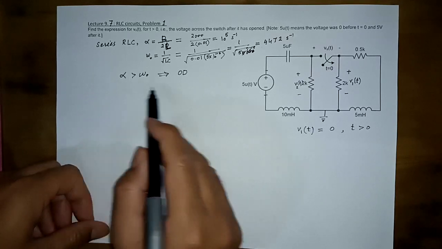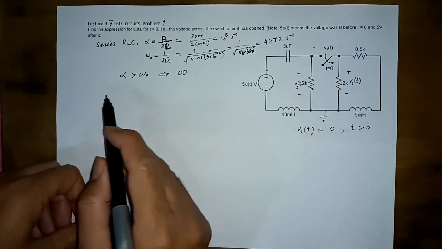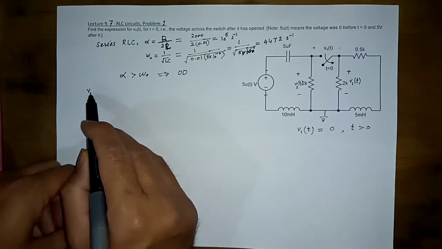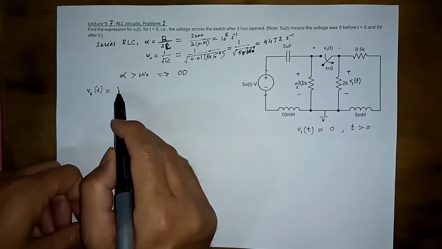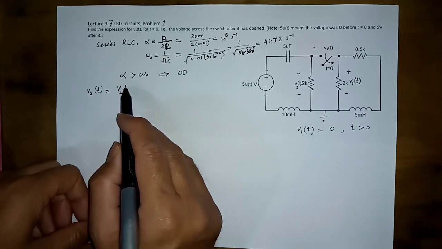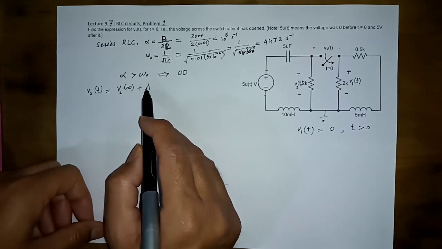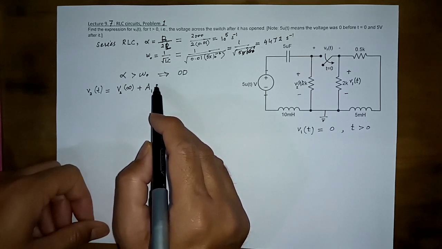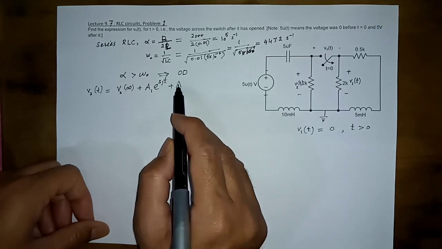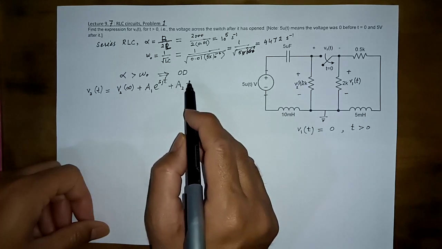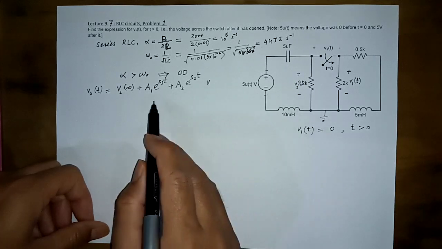So here we want to find this voltage. So we can use this form. V2(t) is equal to the final value of V2, that is V2 at infinity, plus the expression must be of this form, A1 e raised to the power S1t, we can easily compute S1 and S2, A2 e raised to the power S2t volts.